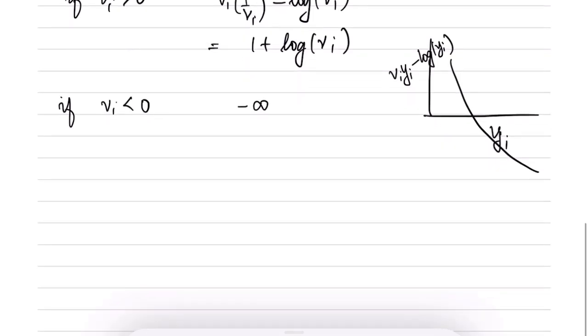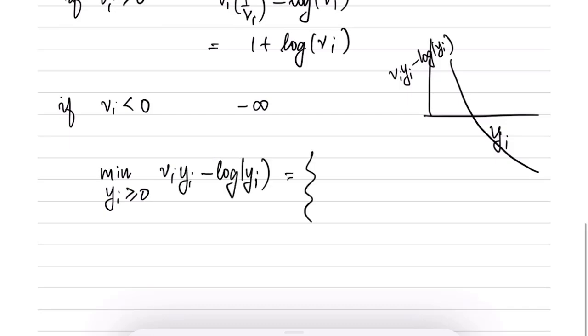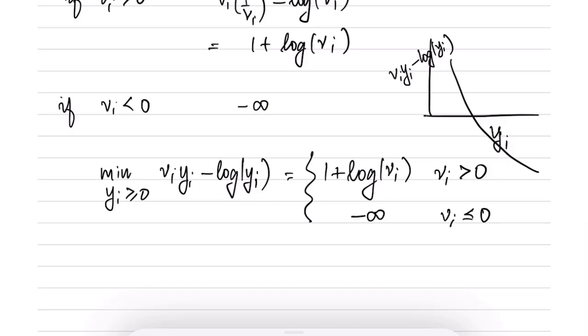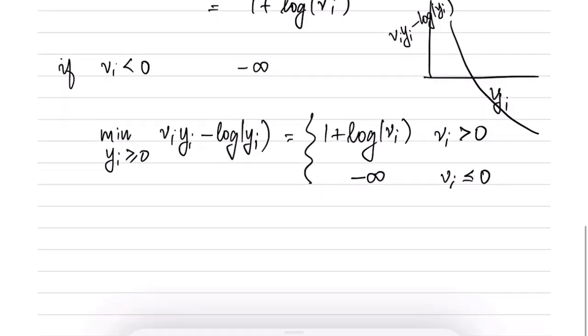So in other words, the minimum value over yi greater than or equal to 0 of nu i yi minus log yi is equal to 1 plus log of nu i whenever nu i is greater than 0, and minus infinity whenever nu i is less than or equal to 0. So that is the solution of the first subproblem.